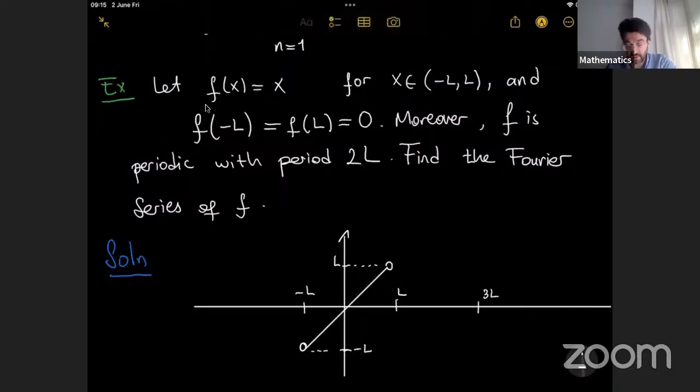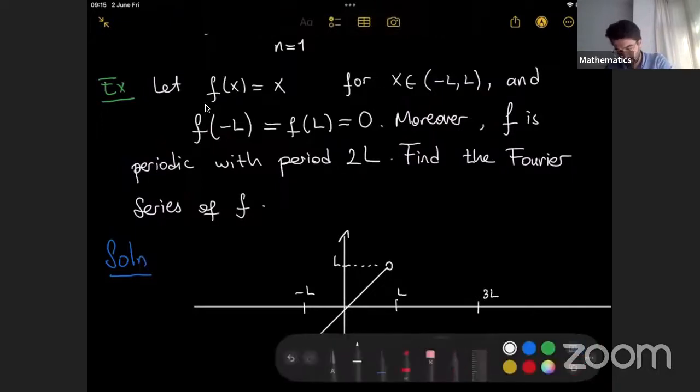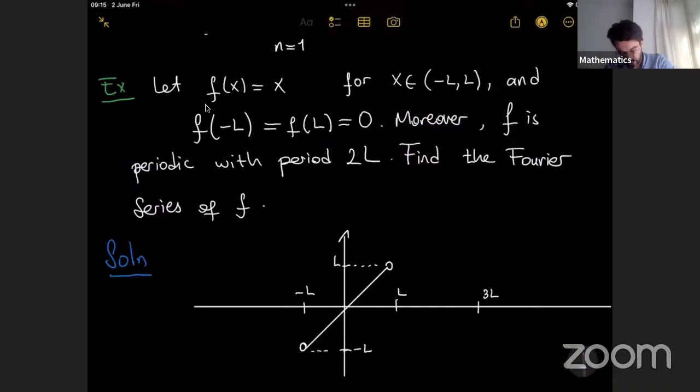You're going to have the same picture. You continue like this.